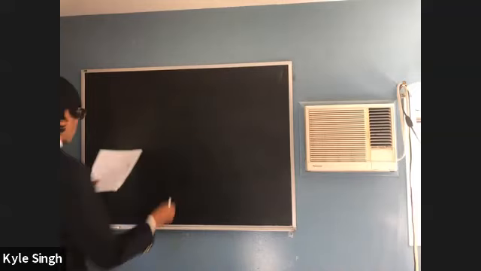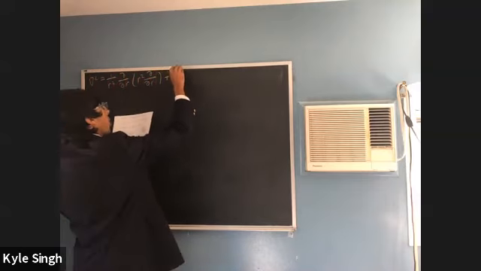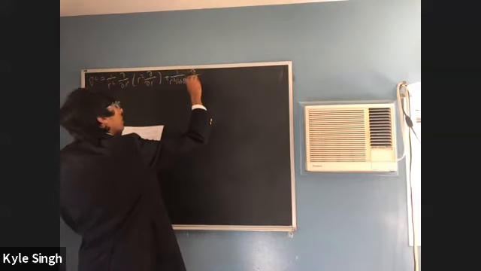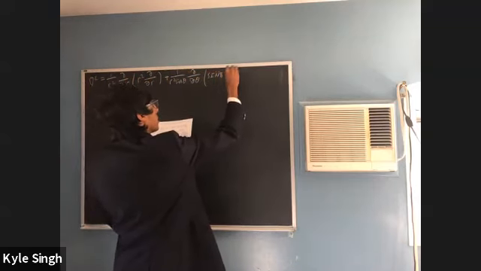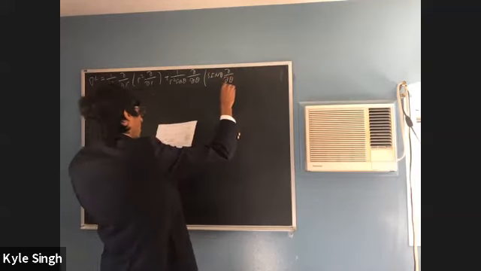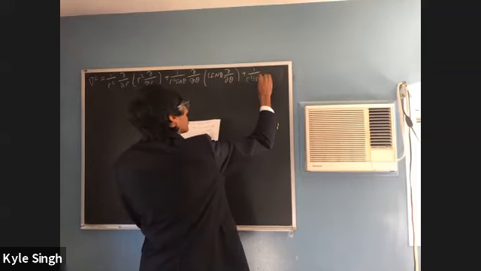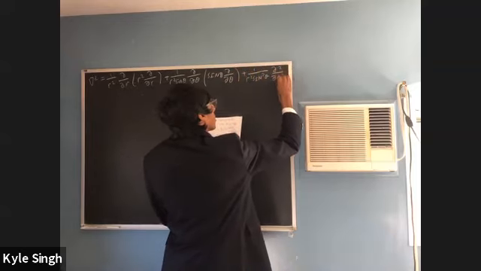Okay, so now my Laplacian becomes this. 1 over r squared ∂/∂r of r squared ∂/∂r, plus 1 over r squared sine theta ∂/∂theta of sine theta ∂/∂theta, plus 1 over r squared sine squared theta ∂² over ∂phi squared.